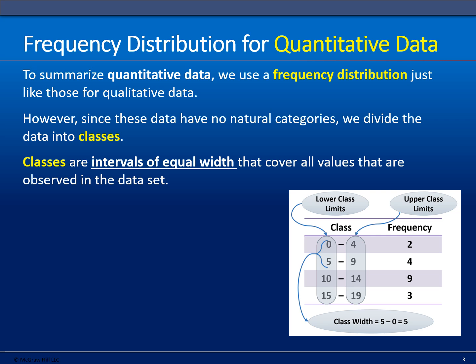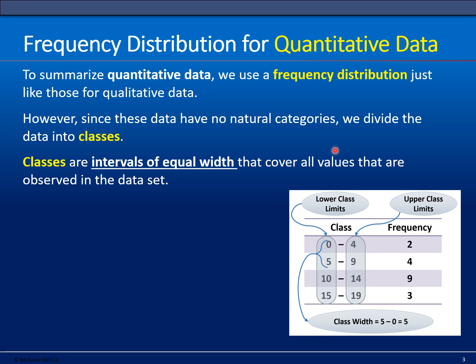We divide these responses into classes, and this is just a group or a range of values based upon our lowest and highest number of data points collected. So classes are, by definition, intervals of equal length.